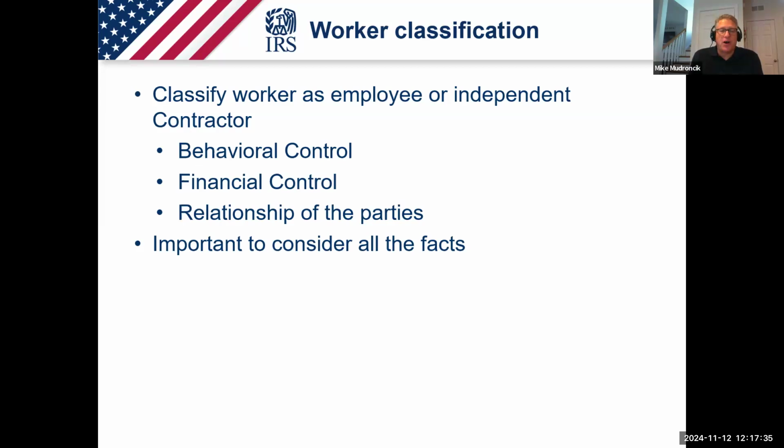The relevant facts fall into three main categories that you see on the screen: whether you as the employer have behavioral control, whether you as the employer have financial control, and then the relationship of the parties. We'll talk about each of these over the next few slides.